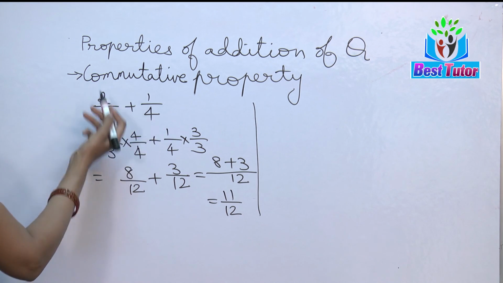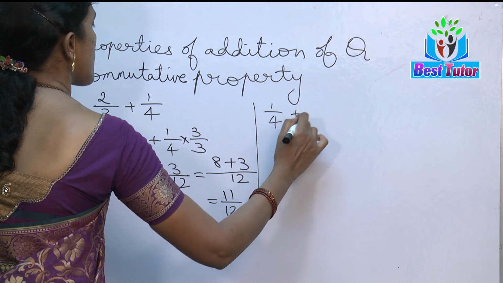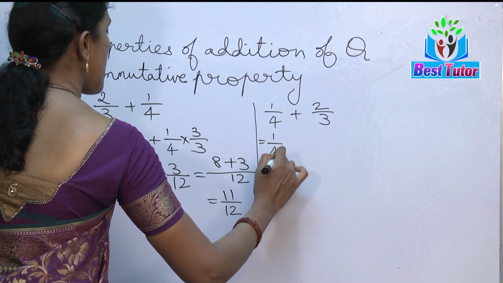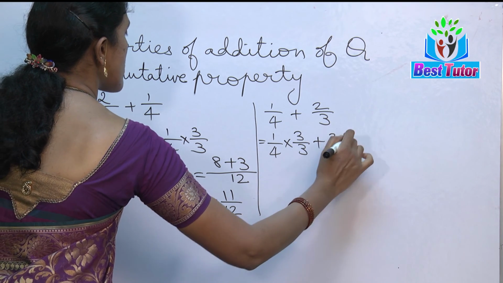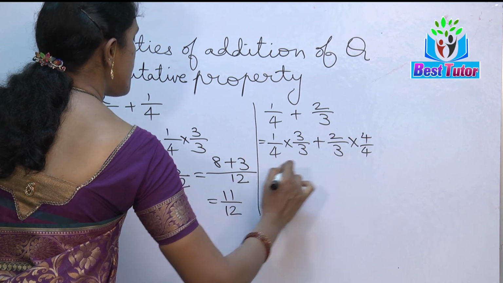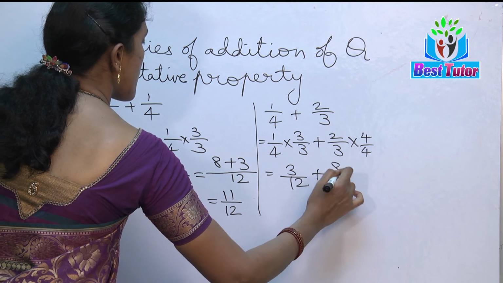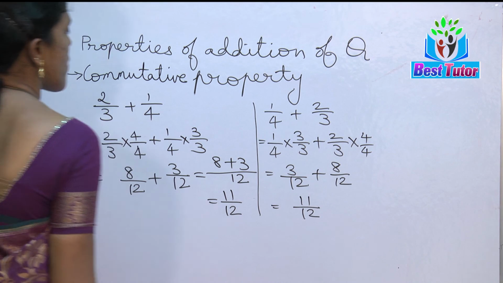What happens if I change the order of these? 1 by 4 plus 2 by 3 is equal to 1 by 4 into 3 by 3 plus 2 by 3 into 4 by 4, which in turn becomes 3 by 12 plus 8 by 12, and the answer remains to be 11 by 12.